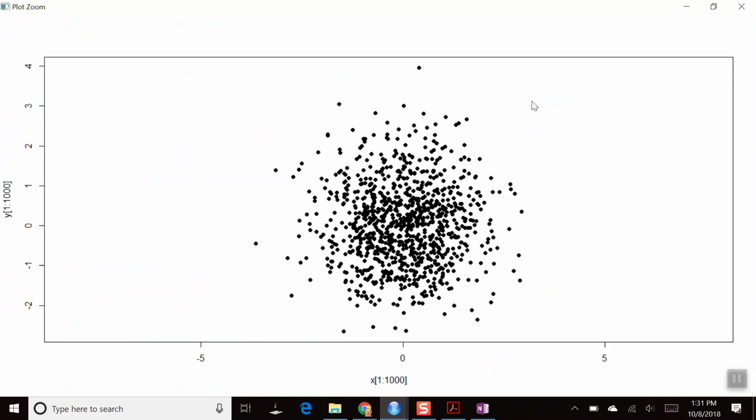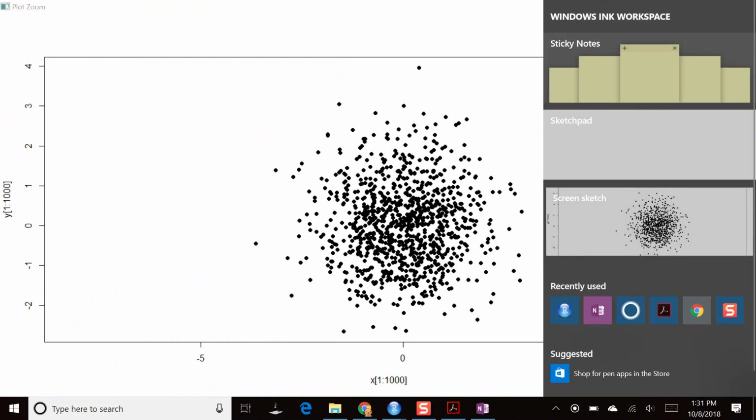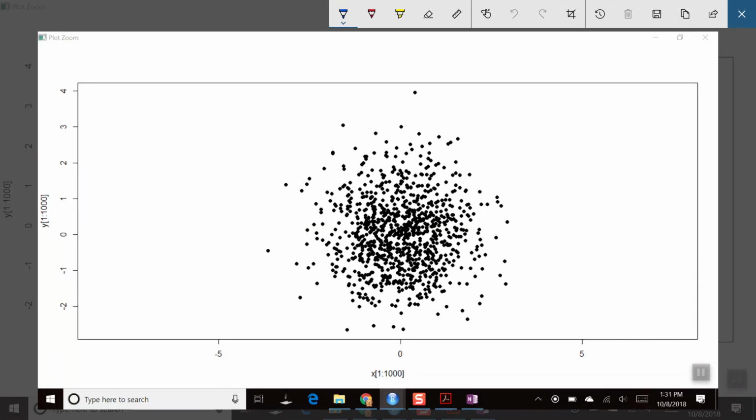All right, let me see if I can draw on this. Okay, and the idea is, here I can just randomly choose some angle between 0 and 2 pi.